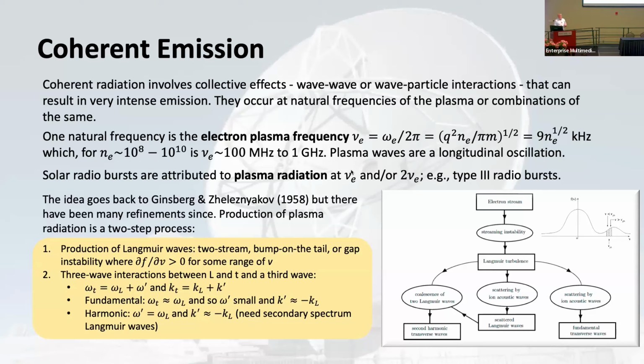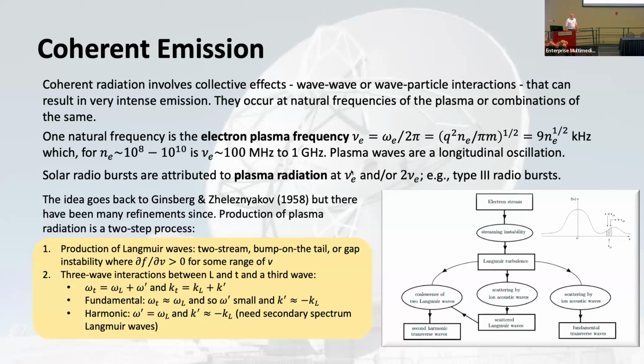I'm not going to bore you with dispersion relations and so on, but you can have a distribution of plasma waves or Langmuir waves, which are produced by a source of free energy, which can be, say, an electron beam, a shell distribution, or some other type of velocity distribution function, which has a gradient in velocity, which is unstable to the production of that particular resonant mode, okay?